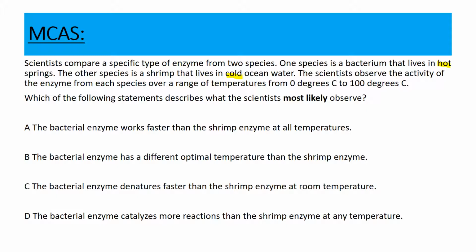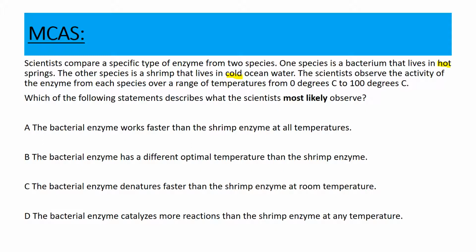The scientists observed the activity of the enzyme from each of the species over a range of temperatures from 0 degrees Celsius to 100 degrees Celsius. Remember that enzymes require specific temperature ranges to function. Well, the enzymes in the bacterium are obviously going to require a higher temperature range than the enzymes in the shrimp.